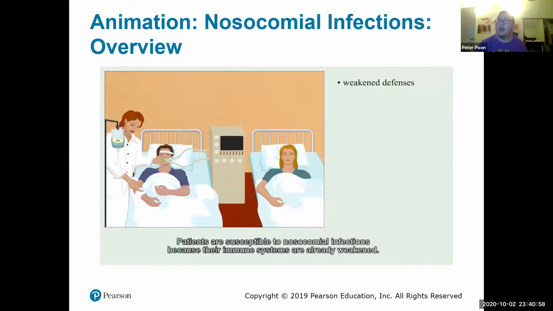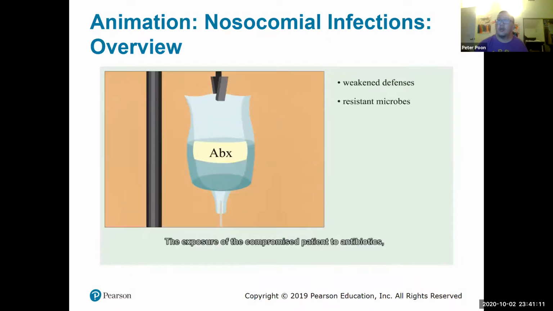Patients are susceptible to nosocomial infections because their immune systems are already weakened. The stress of surgery on the body also makes it harder to mount an adequate defense against these microbes. The exposure of the compromised patient to antibiotics, whether as treatments or as aerosols in the environment, allows resistant microbes to become abundant and cause disease.